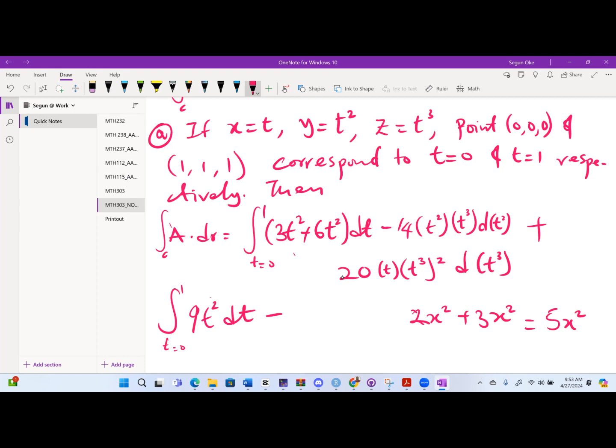Do you agree? Yes. So it's the same thing we did in this bracket. 3 plus 6 gives you 9. Is it okay?